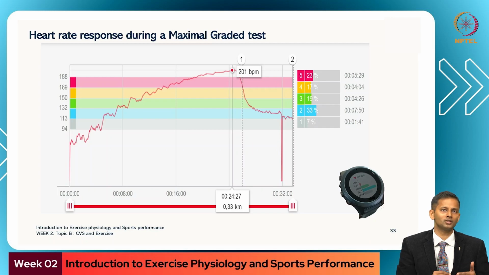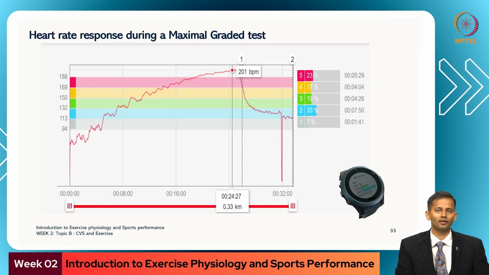So that is called a maximal graded test. Commonly we do a yo-yo test in cricket or football, and that's a field test. In the lab you can use a treadmill with different protocols to reach the maximal exertion.